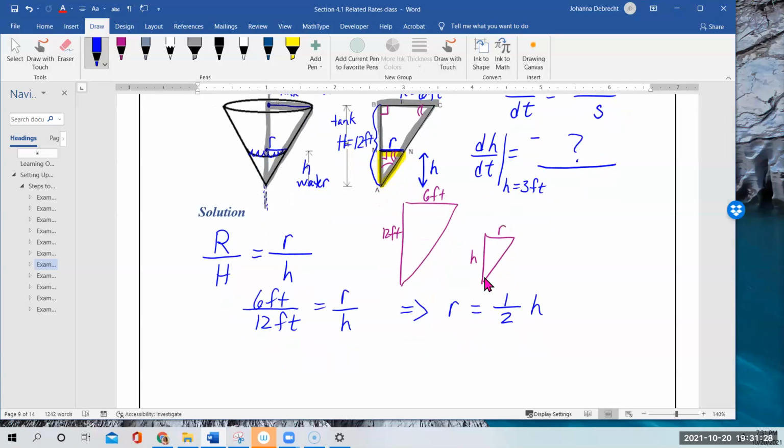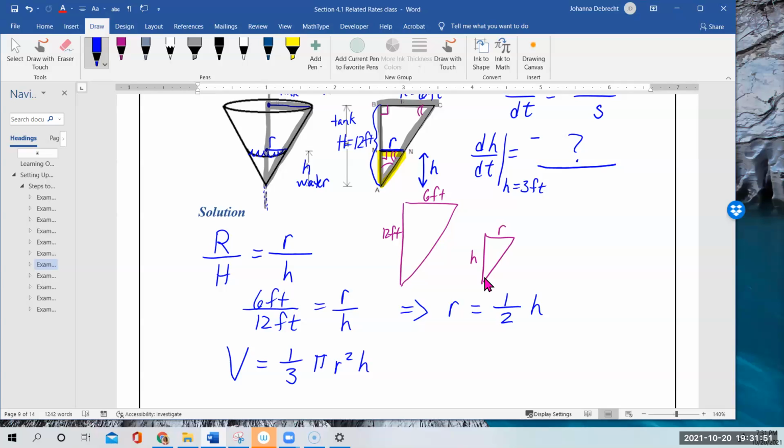Remember that the volume of water is given by the current height of the water. And as we saw in the previous problem, the volume for a conical shape is 1/3 pi r squared times h. And since we're only talking about the water, we use the lowercase r and the lowercase h.